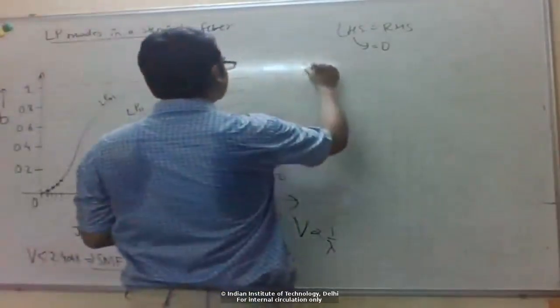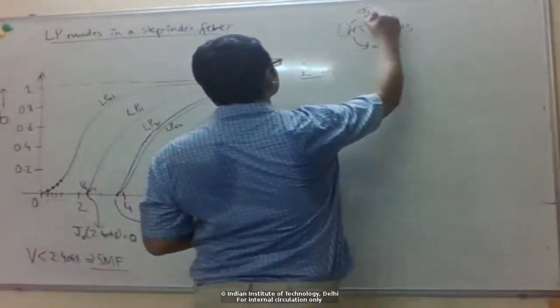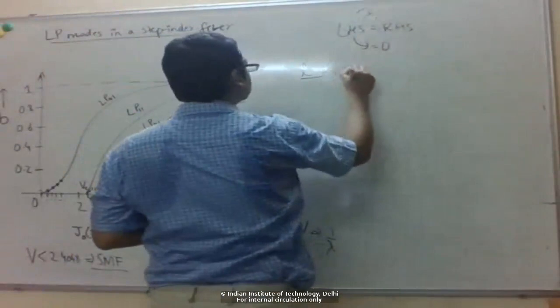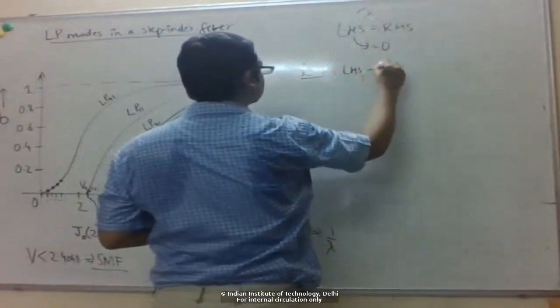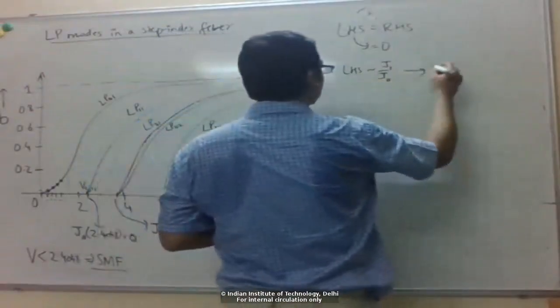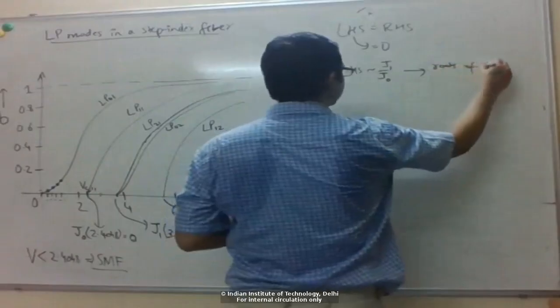Basically for L equal to 0, the transcendental equation was J1 by J0. So for L equal to 0, LHS looks like J1 by J0, which means cutoffs are given by roots of J1.